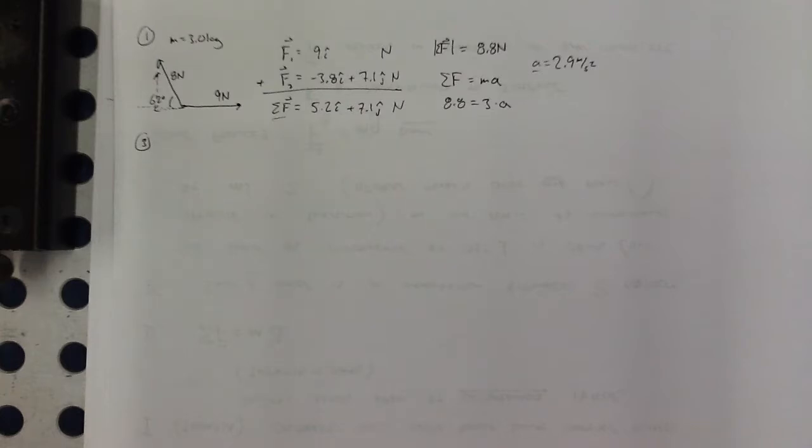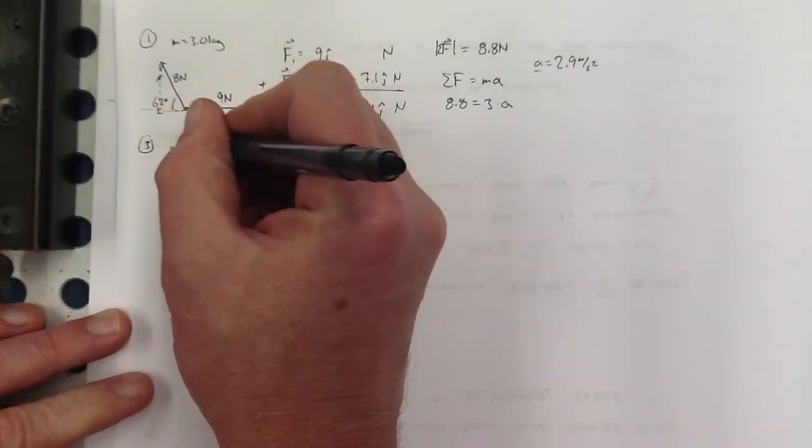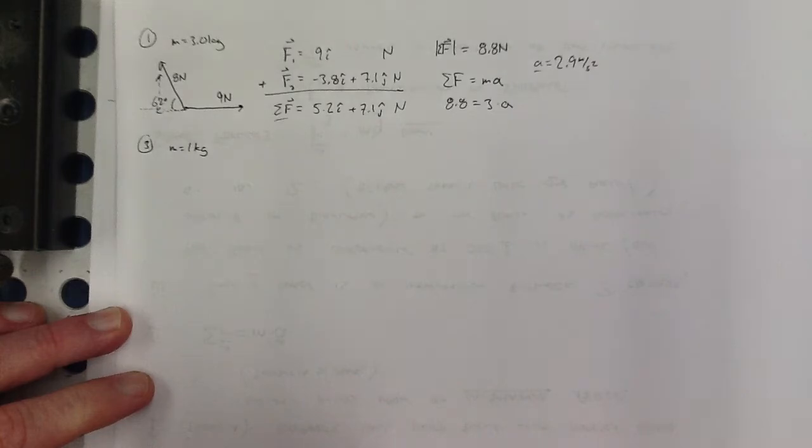Number 3, if the 1 kilogram standard body has an acceleration of 2 meters per second squared at 20 degrees to the positive direction of an x-axis. All right, let me just get that stuff down. I got a 1 kilogram mass.